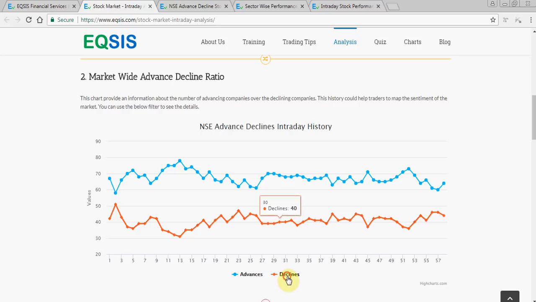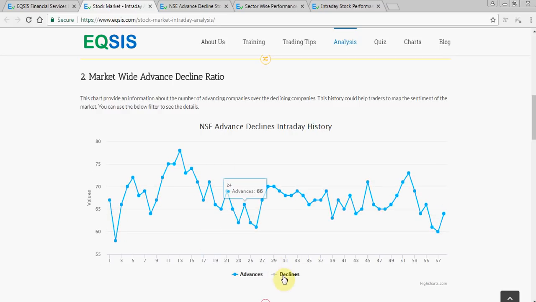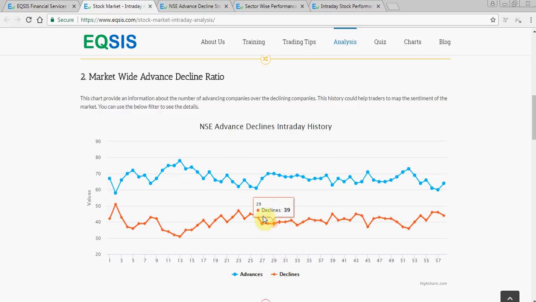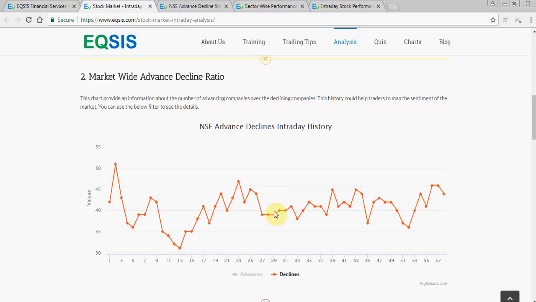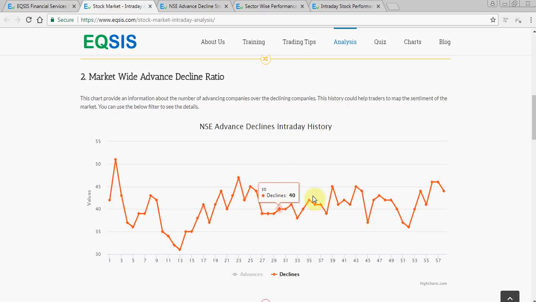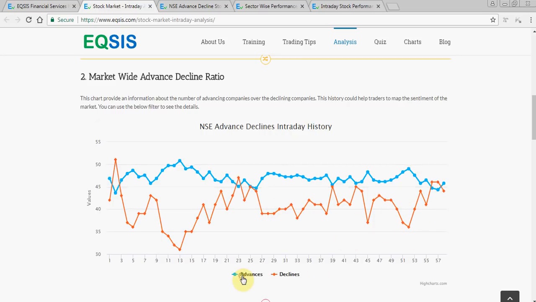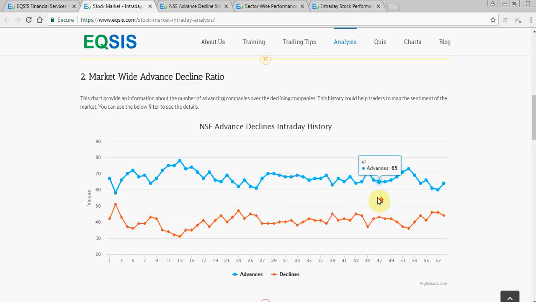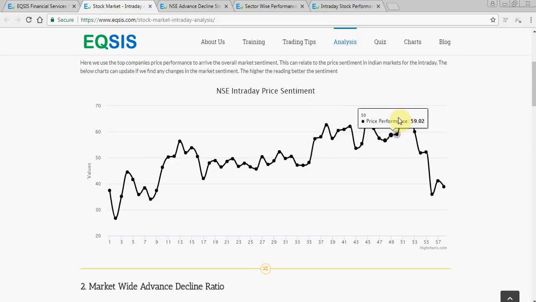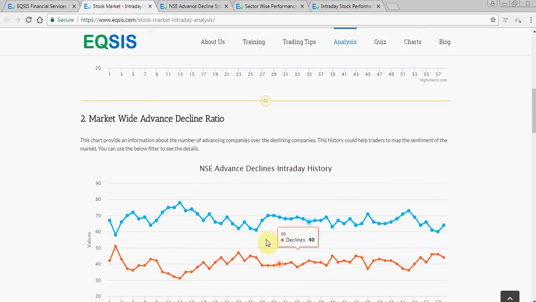And by the way, look, there is an option by which you can look at this. I'm just clicking on this so you understand the advances and declines. If I want to look just at the declines, see, the declines are not breaking the bottoms, it's just mapping it, same as the advances. So that is the kind of divergence we get. Sometimes the price may take a top and manage to keep the bottoms, but the advance and decline may not show that strength.